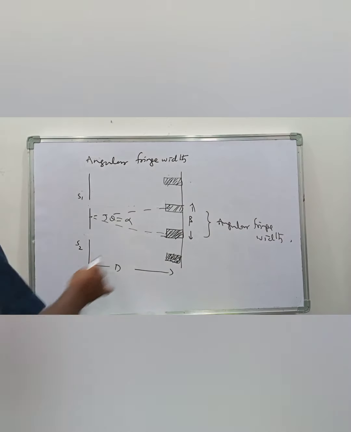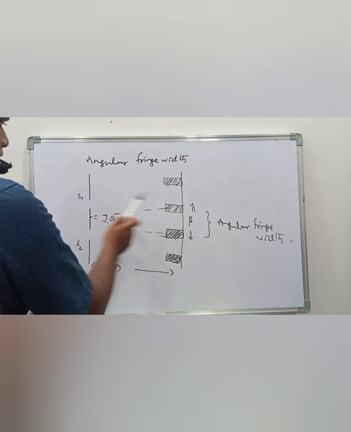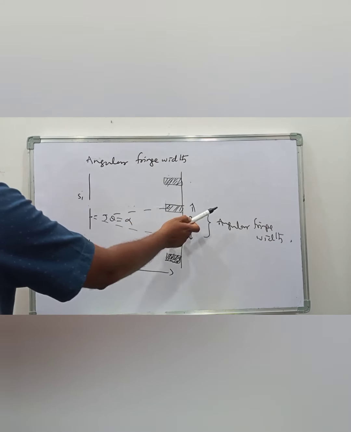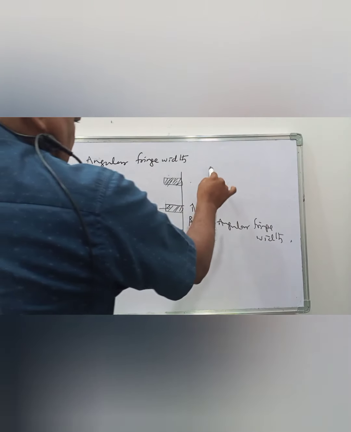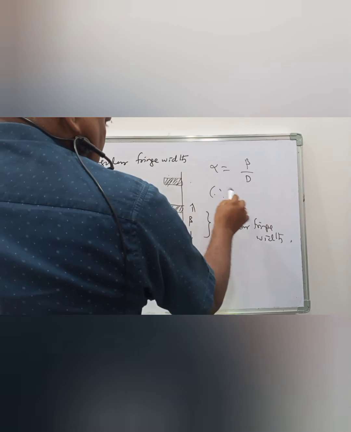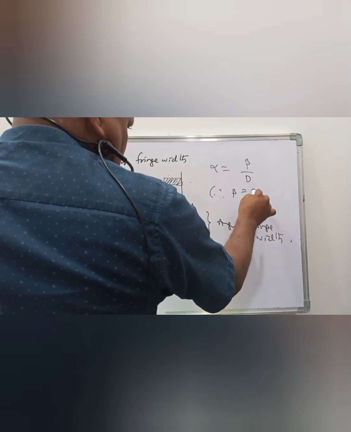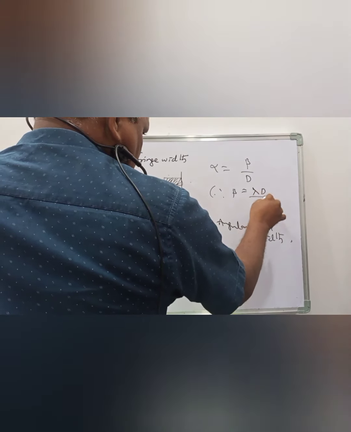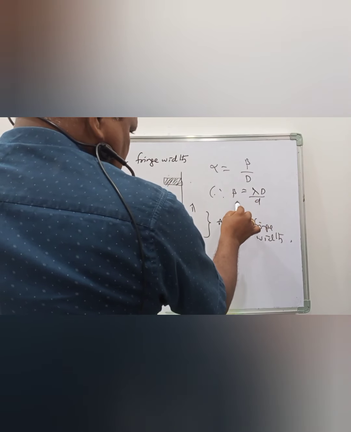We can apply alpha is equal to beta by D from the figure. Since beta is equal to lambda D by d, we can simplify this.